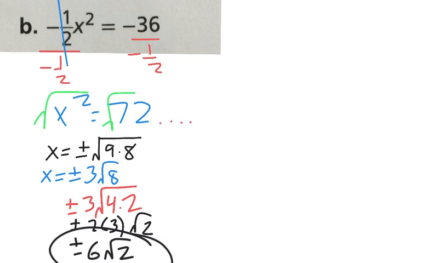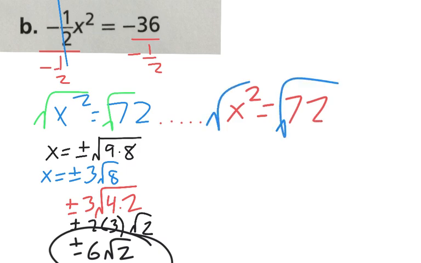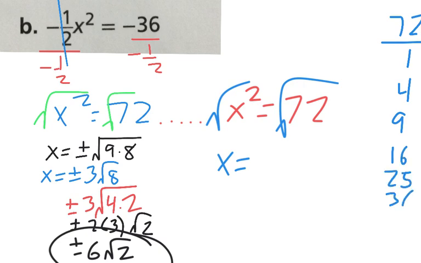Okay? The easier way to do it, I think it's easier, starting here, where you had x squared equals 72. You took a square root of both sides. So x equals, now 72 is not a perfect square. So now I'm going to list my perfect squares. 1, 4, 9, 16, 25, 36, 49, 64.